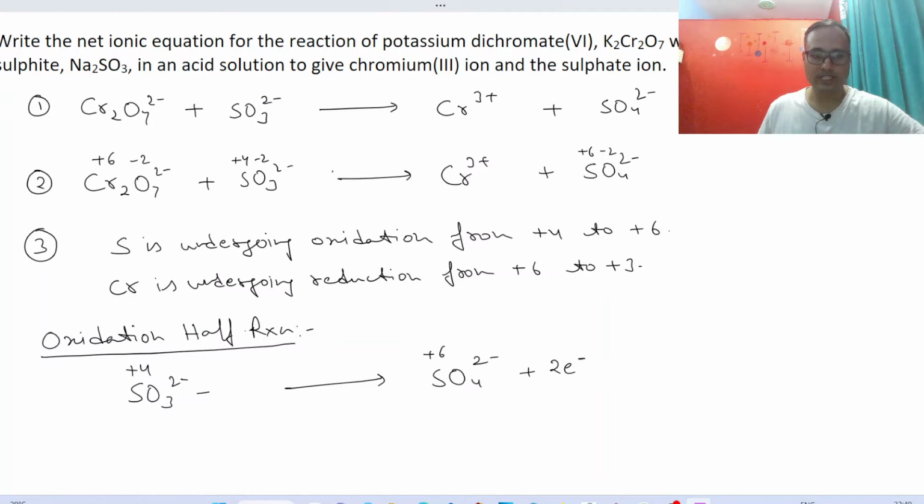So we add one water molecule, because only one oxygen is deficient on the left hand side. To balance the hydrogen, we add H plus ions: 2 H plus on the right hand side. So this becomes equation number 1.